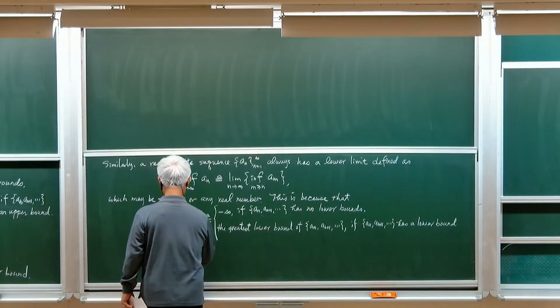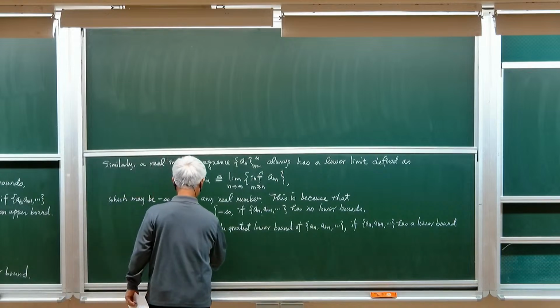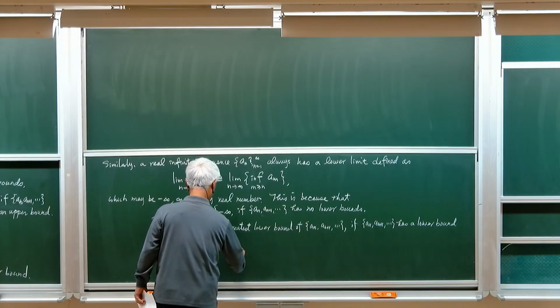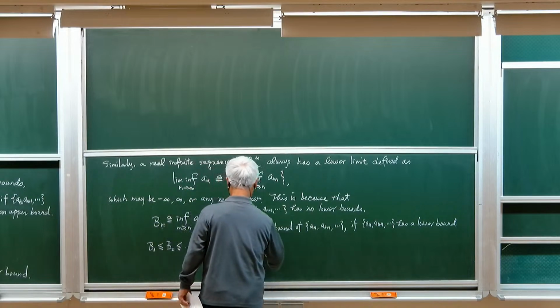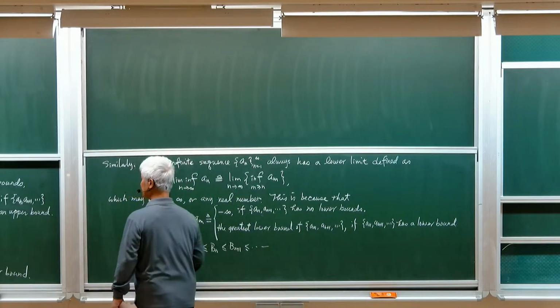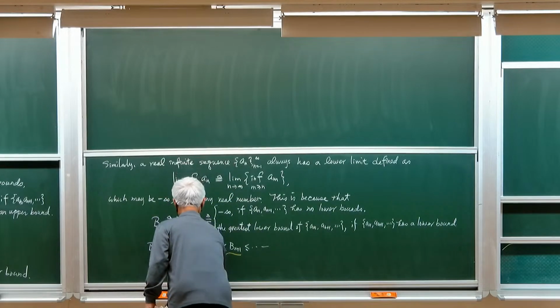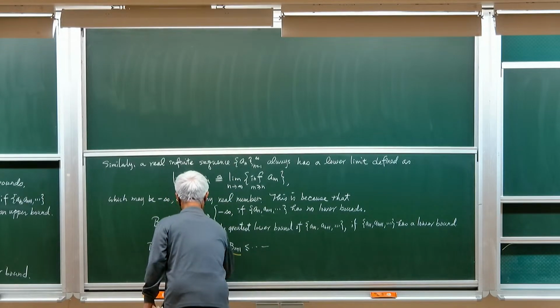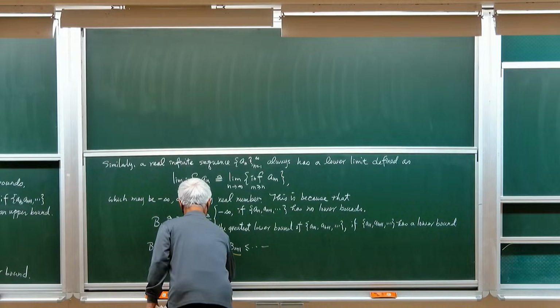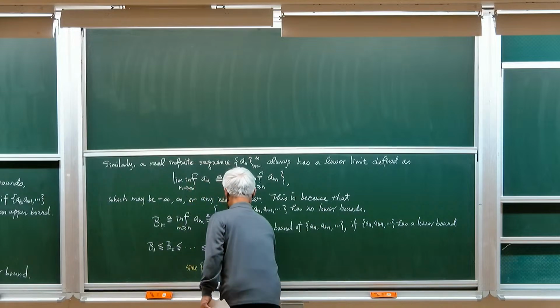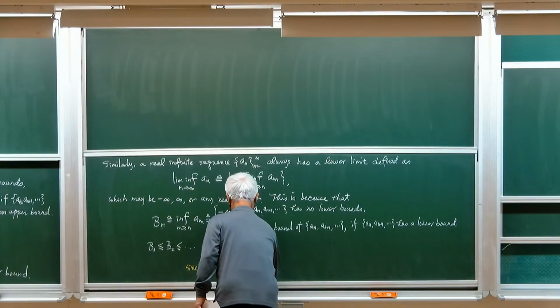So the sequence B_n is an increasing sequence. And the reason is that the set for B_n plus 1 is smaller than the set for B_n, containing a_n plus 1, a_n plus 2.